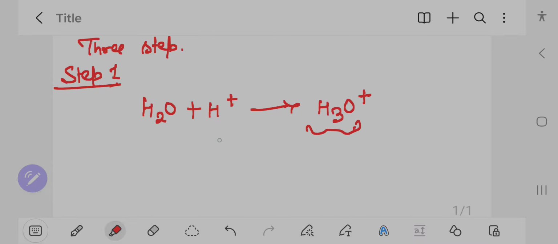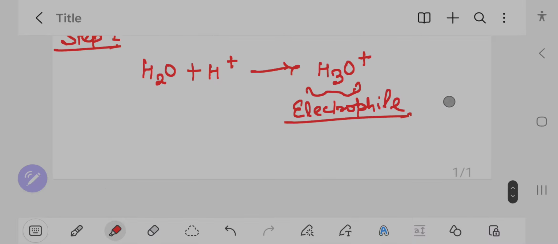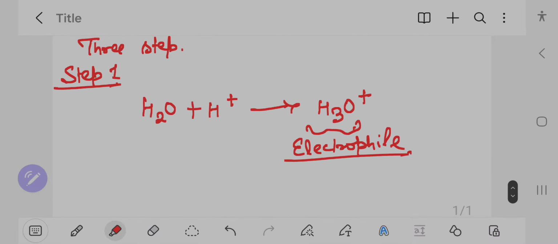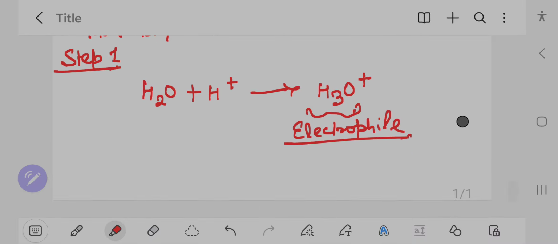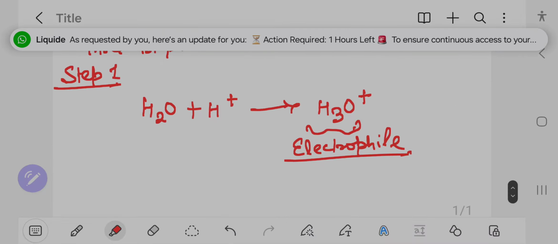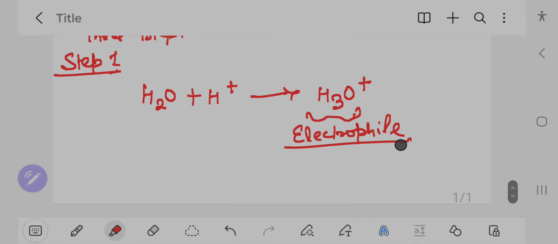This is the hydronium ion, and it will behave like an electrophile, although this hydronium ion doesn't have vacant d orbitals.